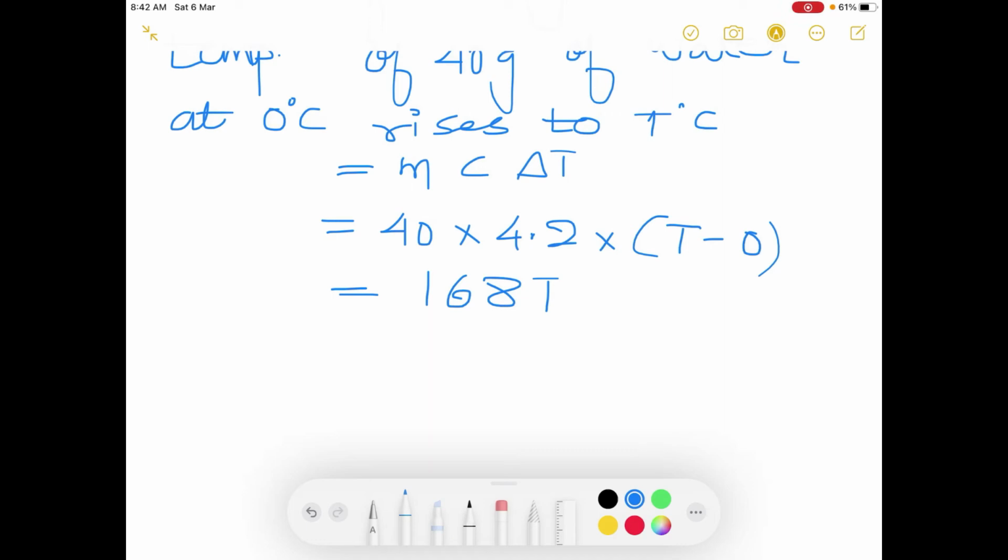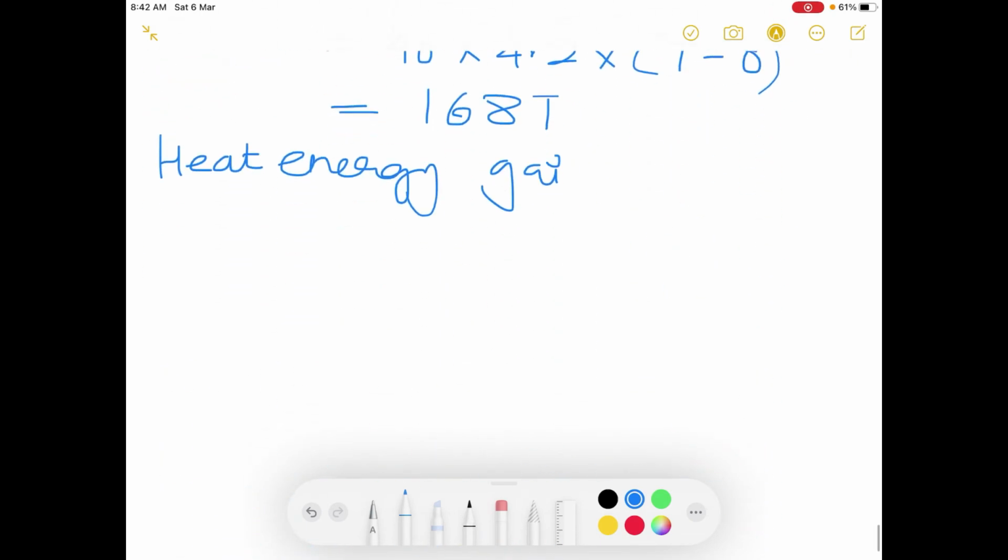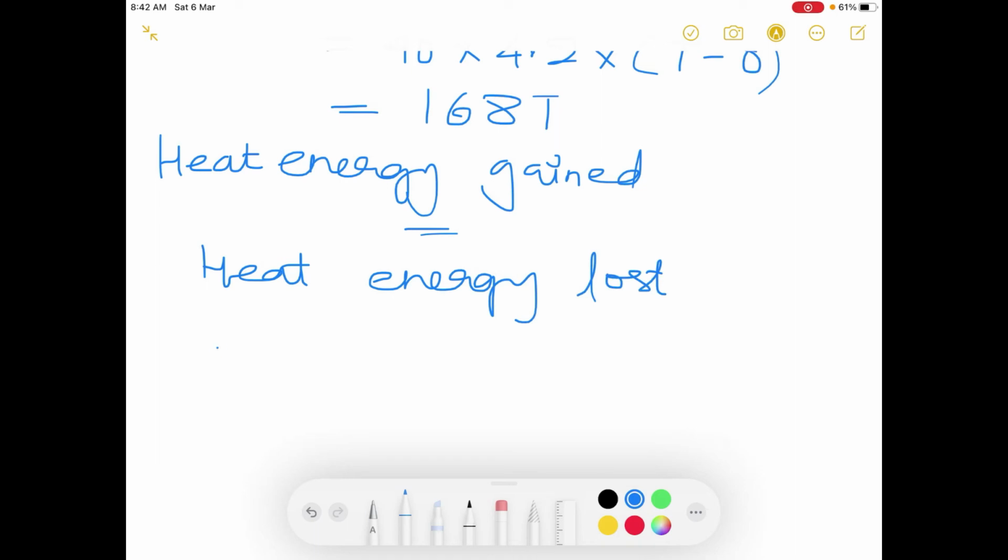Now the principle that amount of heat lost will be equal to amount of heat gained. So heat energy gained will be equal to heat energy lost.